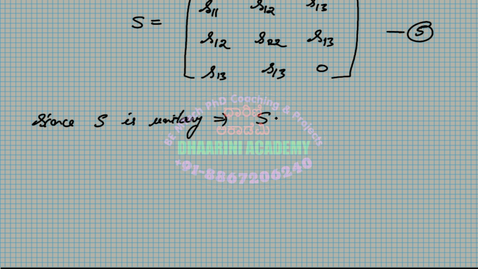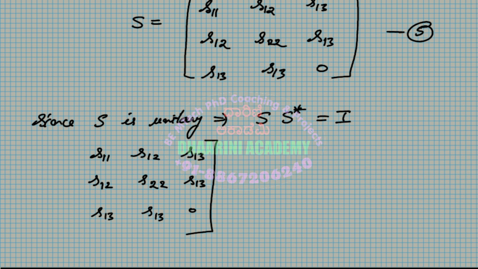You take S and S conjugate, and the product will be equal to the identity matrix. So let's write the matrix as it is. The first row is S11, S12, S13; then S12, S22, S13; then S13, S13, 0. This is the first matrix.